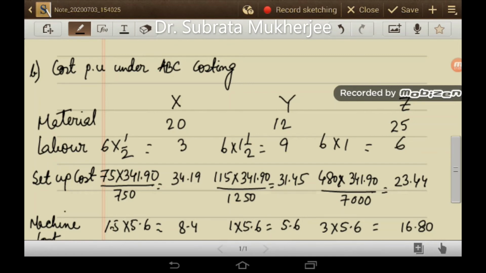So per unit setup cost is 31.45. Similarly, setup cost per unit for product Z is 23.44. This is because 480 is the total number of setups required for product Z, 341.90 is the setup cost per setup, and divided by 7000 units of production.